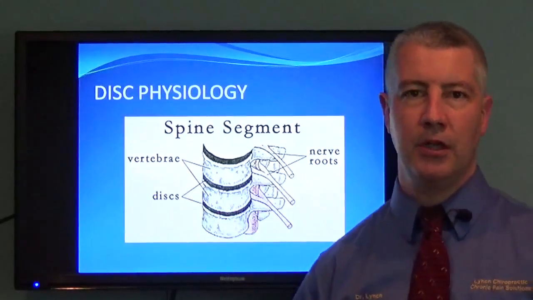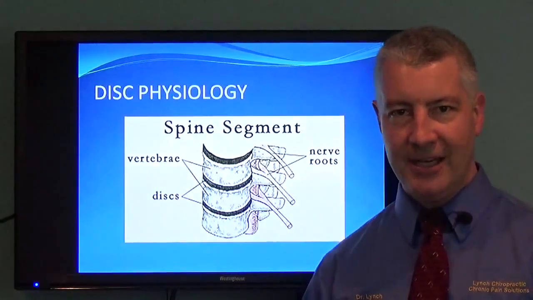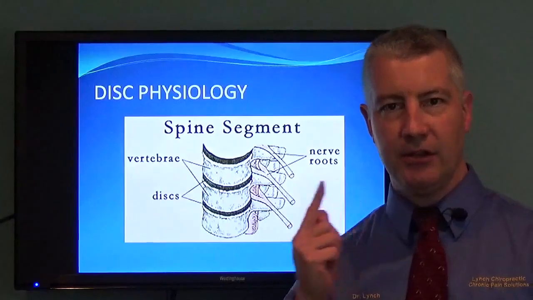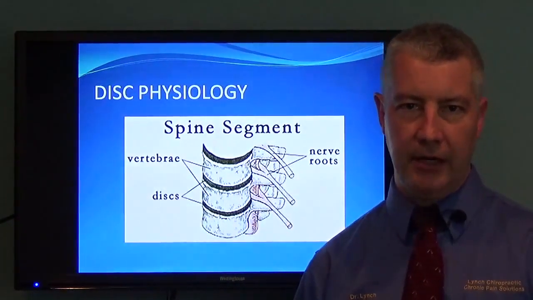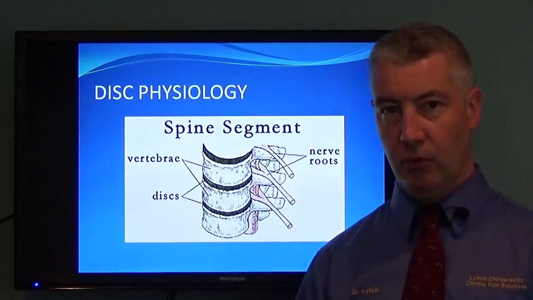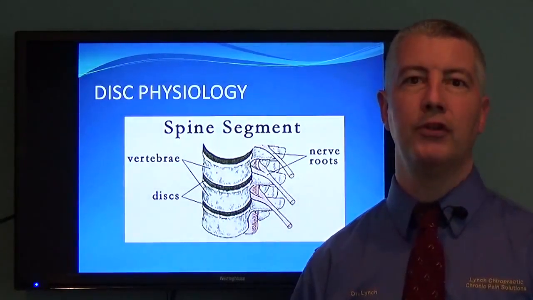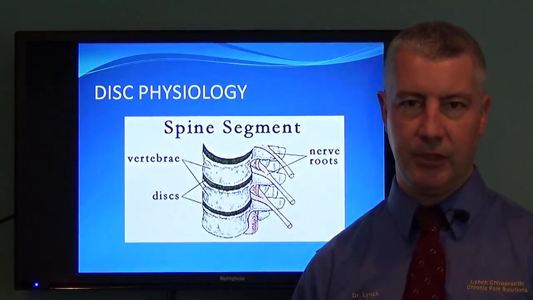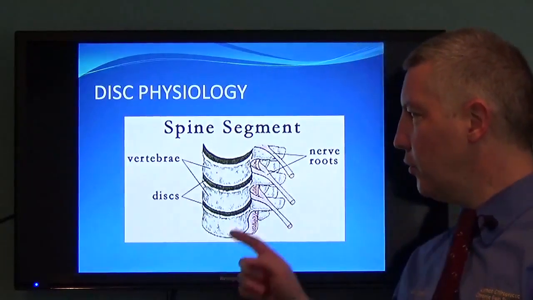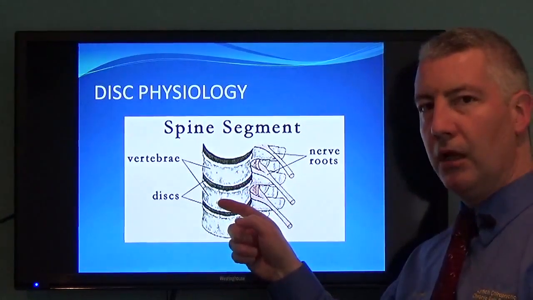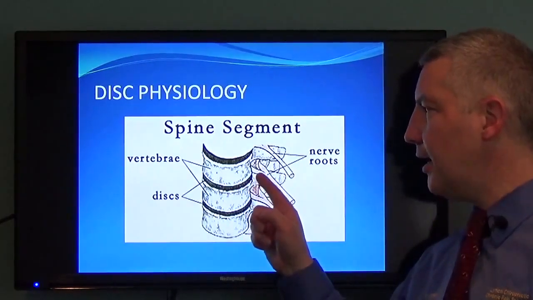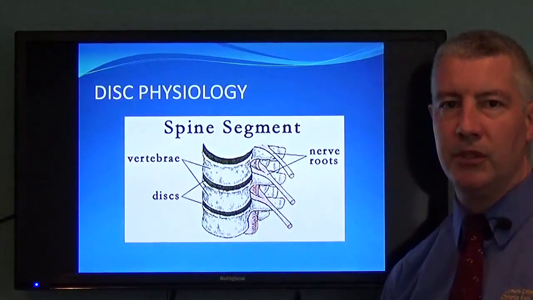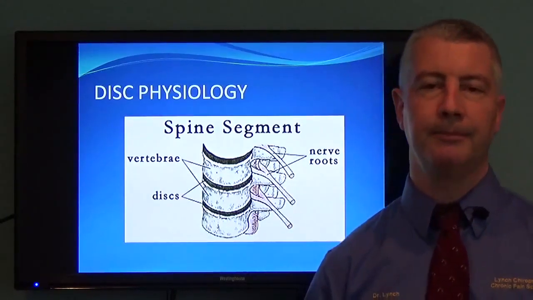The discs are made up of annular fibers that go around the outside of that disc, which hold it together just like a radial tire. In the center portion is something called the nucleus. It's a gel-like substance. So you have a bone above, a bone below, the disc is in between, and it's right up next to where that nerve comes out and goes out to the rest of the body.